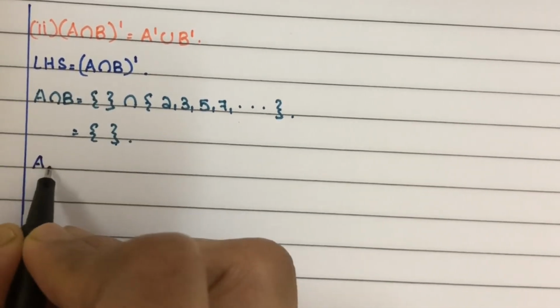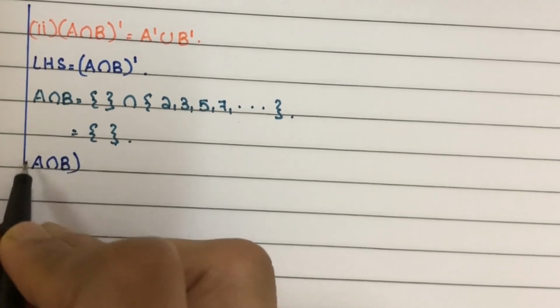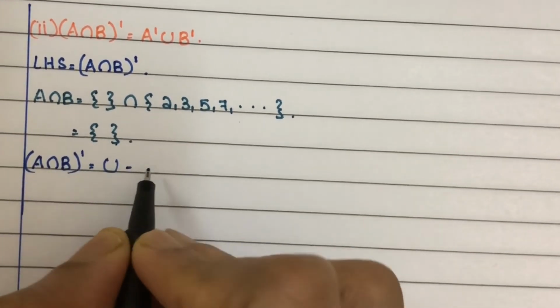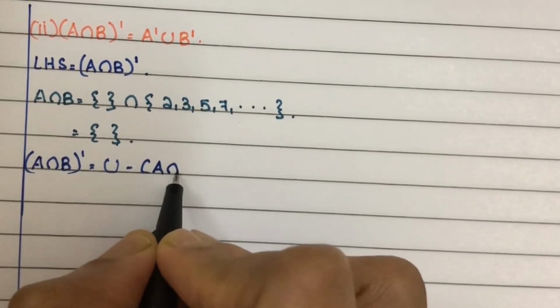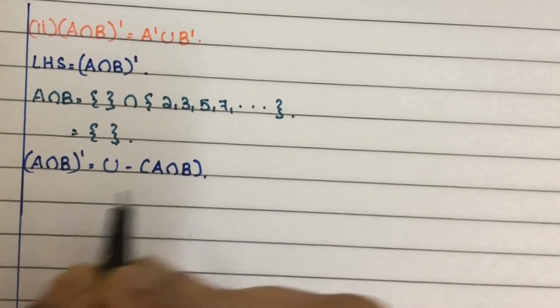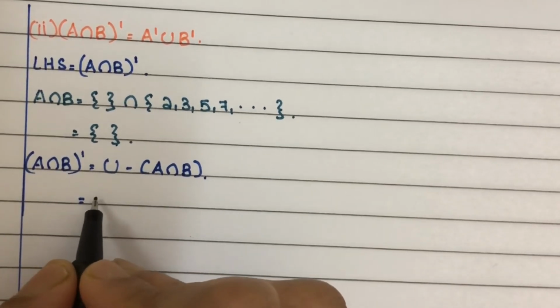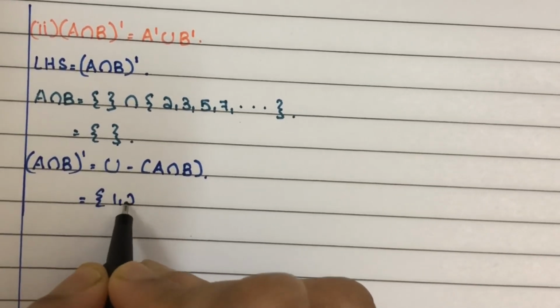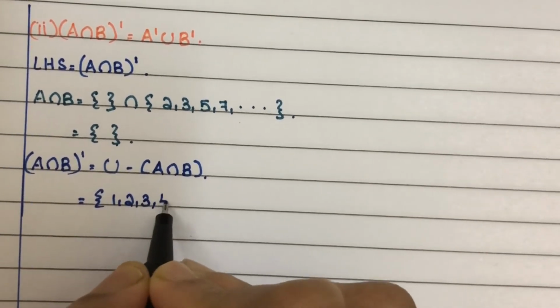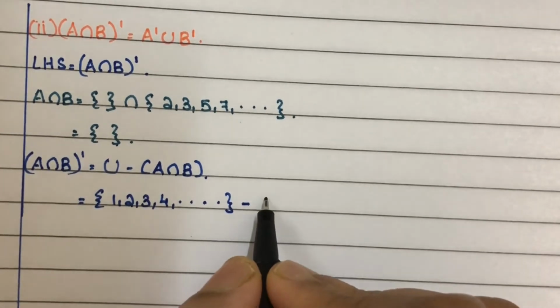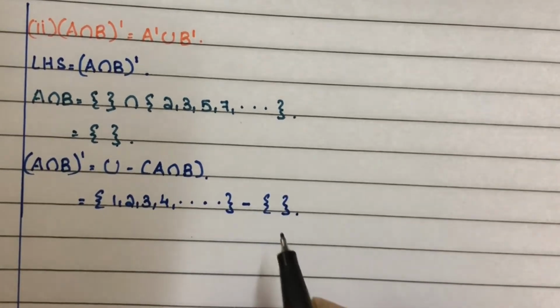So A intersection B whole complement equal to U minus A intersection B, right? We know that U universal set is set of natural numbers, that is 1, 2, 3, 4, set of natural numbers minus A intersection B, which is null set.